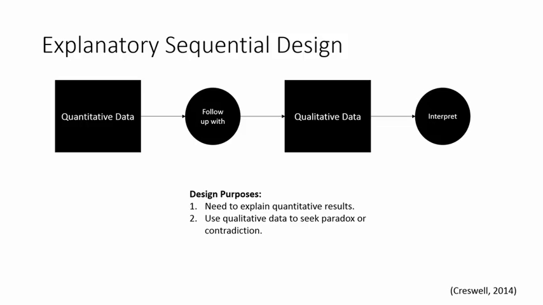So here, I might find with my quantitative data that there's a correlation or a relationship between two variables, but I also see that there are some outliers. Well, I might want to talk to those people, right? Identify those outliers and try to get a better understanding of why their pattern seems to be different from other people.